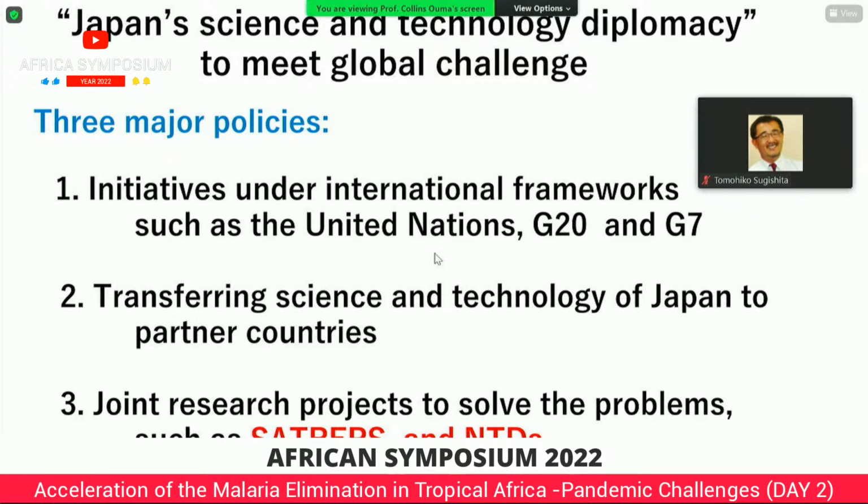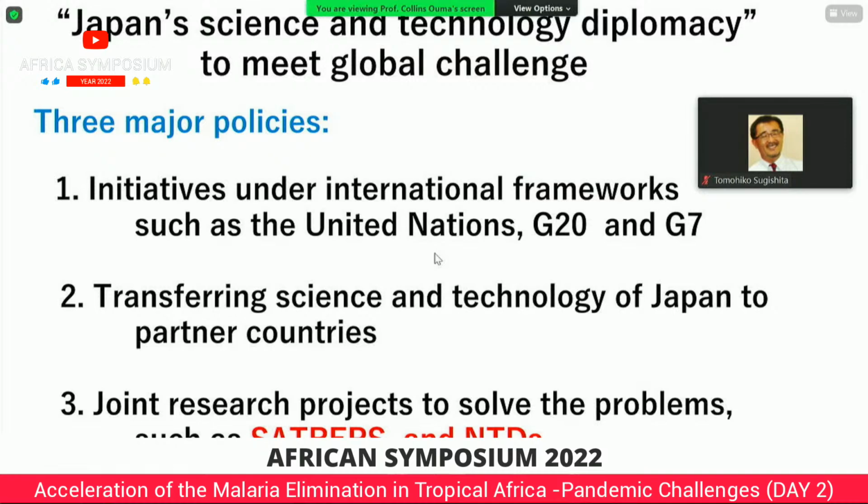Here are three policies of Japan's science and technology diplomacy for the contribution to the control of global issues. One is to take the lead under the international political framework, such as the United Nations. The second is to transfer the science and technology of Japan to partner countries, especially developing countries, and jointly respond to global issues.